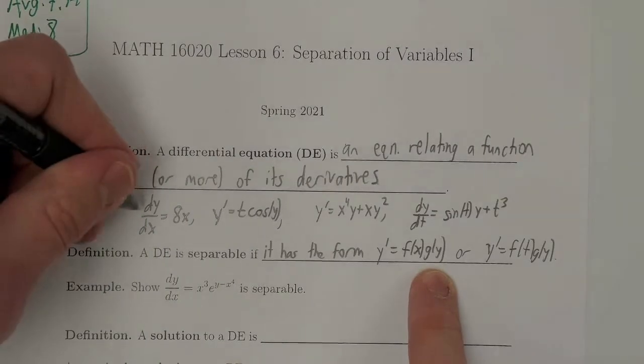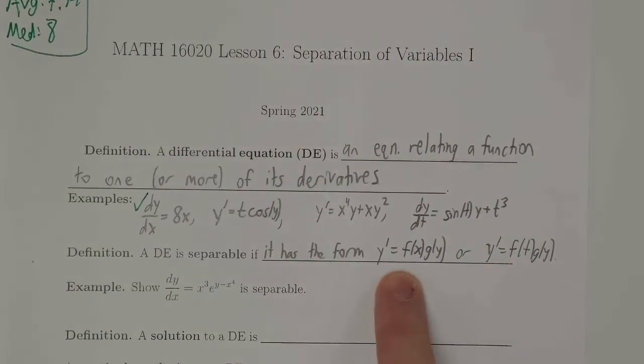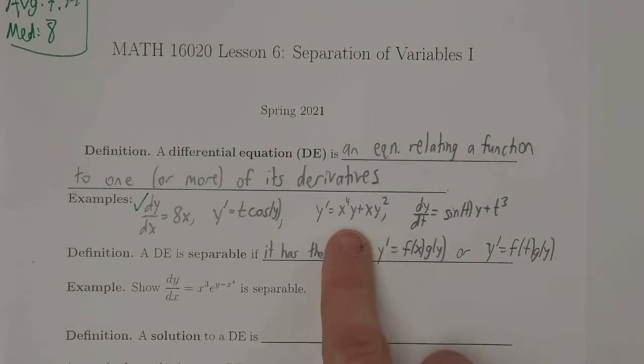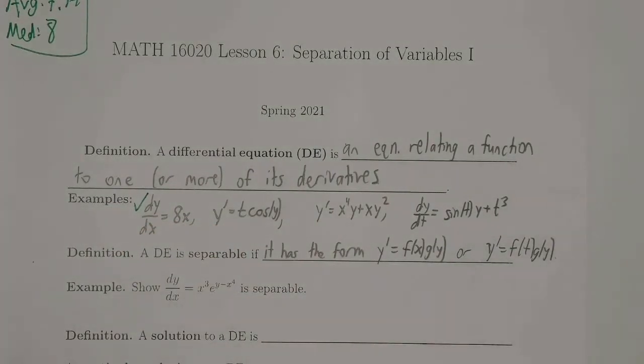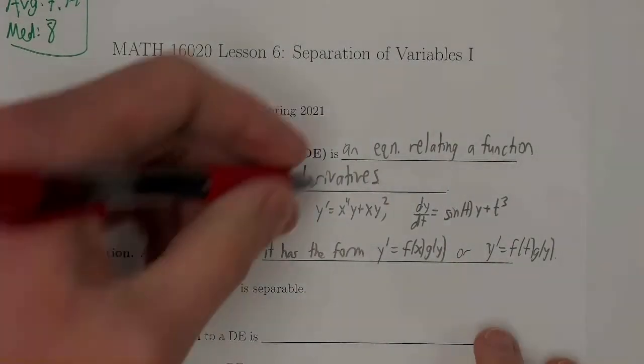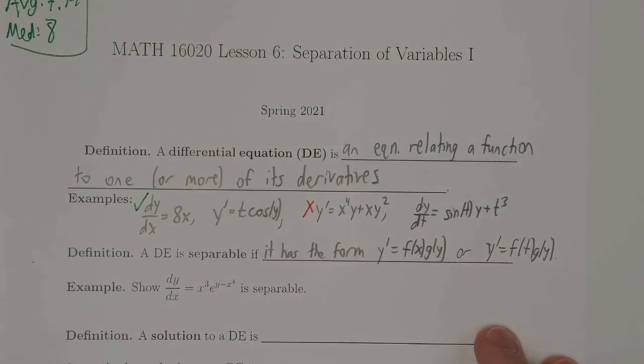So this will be an example of a separable differential equation. But something like x to the 4th times y plus xy squared would not be an example of a separable diffEq because there's no way you can separate the x and y variables into their own functions. So this will not count.